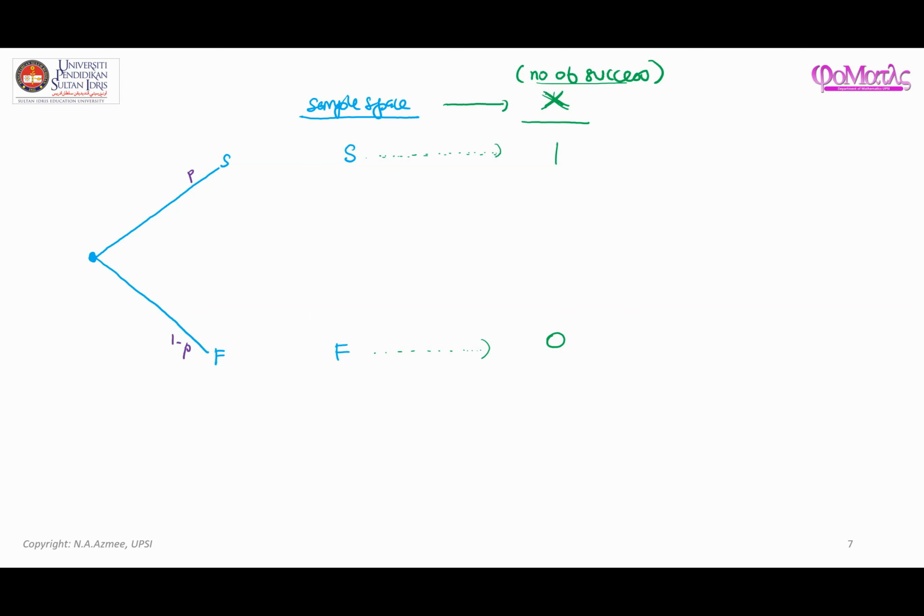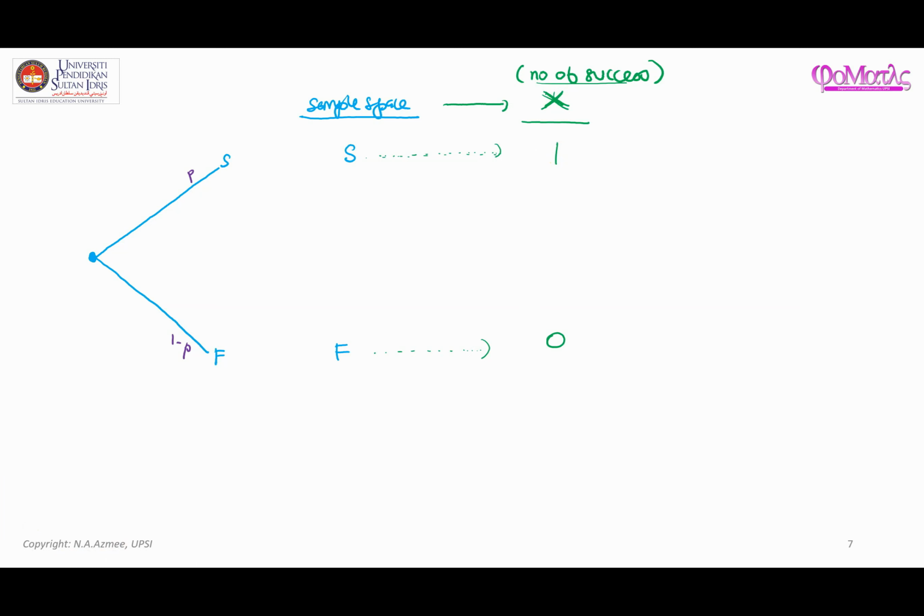Now we can come up with a probability to find what is the probability of x equals 1, and what is the probability of x equals 0, and usually we can do it easily by constructing a table.